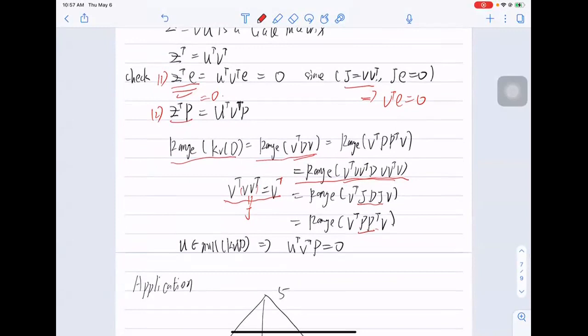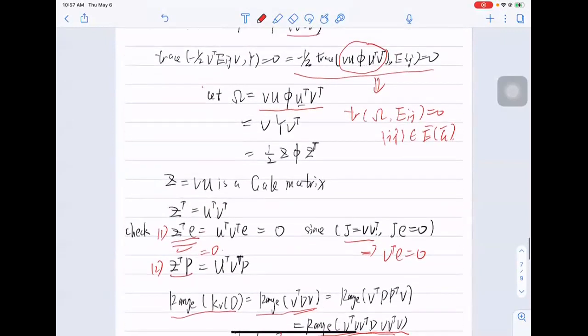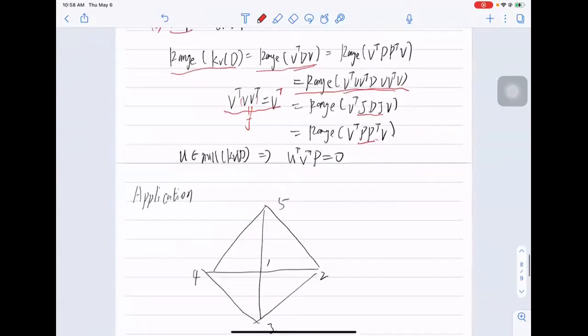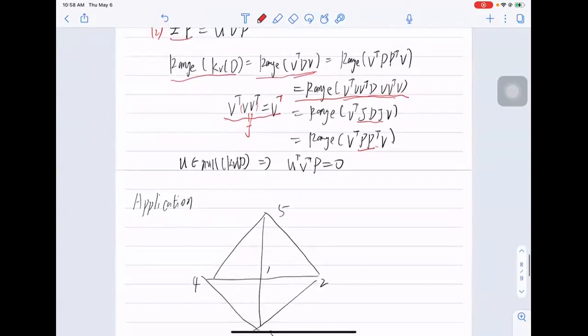Therefore, U is in the null space of KVD, which means U is in the null space of V transpose P times P transpose V. So therefore, U transpose V transpose P is 0.